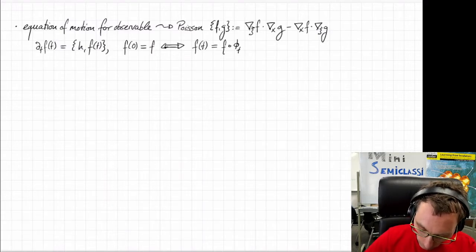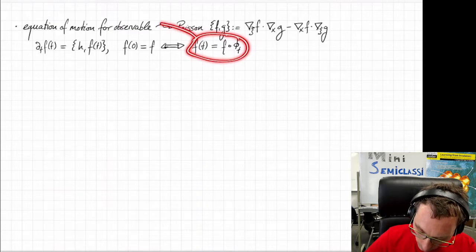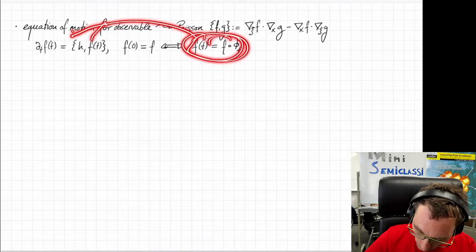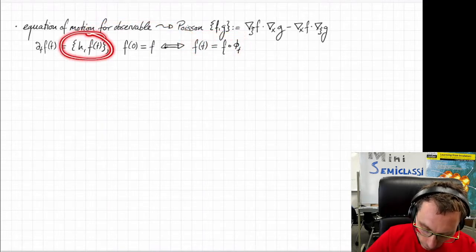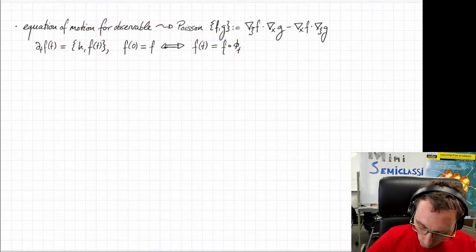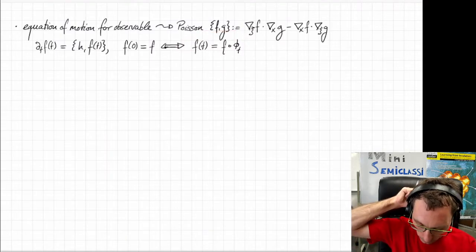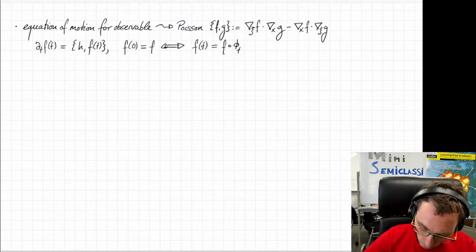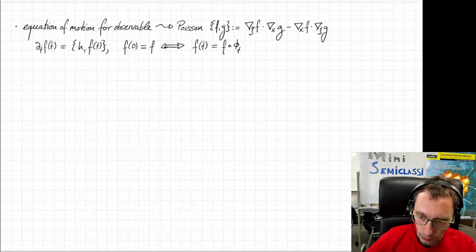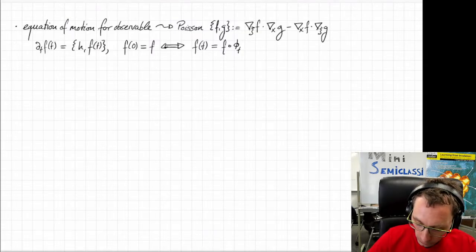That equivalence just means if you take the time derivative of this, you obtain by computation the right hand side, or if you look at the solution to this equation, you find that the unique solution is given by this here. So this gives you an equation of motion for observables.